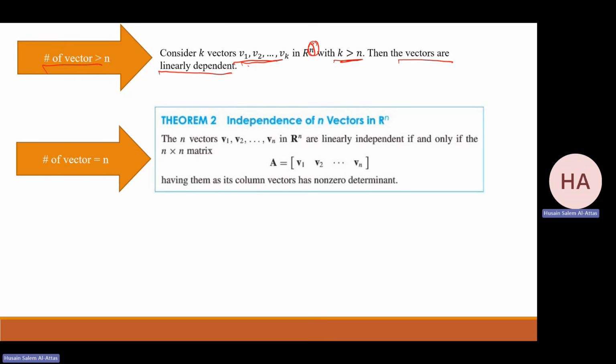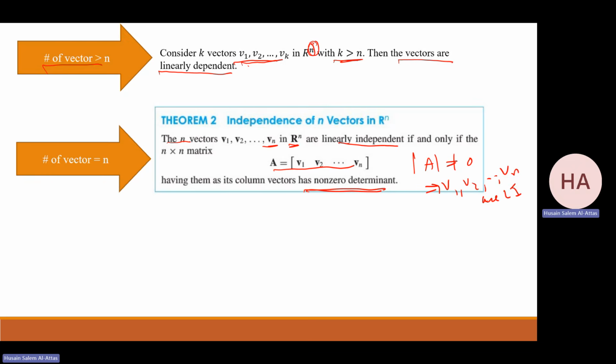Remember this determinant, we can check it. So we say n vectors in Rn are independent if and only if this matrix has non-zero determinant. So I need to check the determinant of A not equal to 0 to say V1 through Vn are linearly independent.